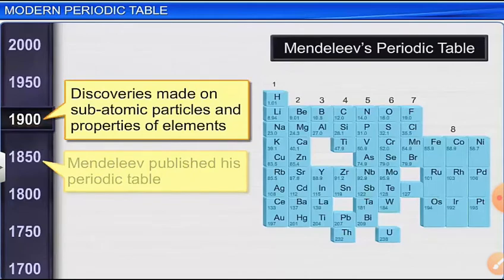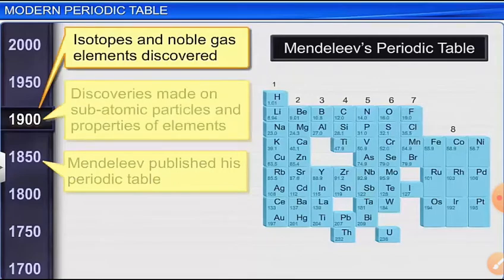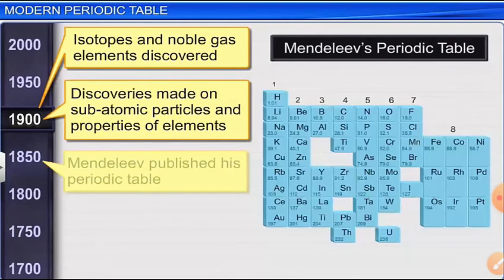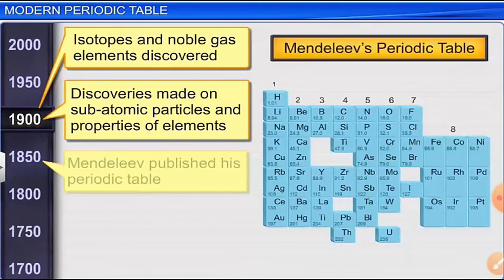In 1900, the discoveries of subatomic particles and the properties of elements were made. Isotopes and noble gases were discovered around 1900, and Mendeleev's periodic table does not give any position for noble gases.